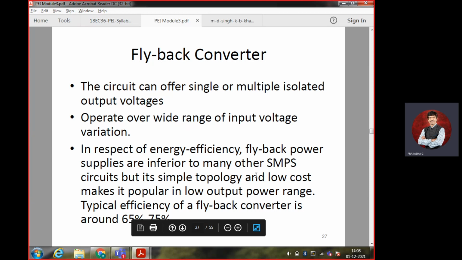But its simple topology and low cost make it popular in low output power applications. Typically efficiency is 65 to 75%. That is why the cost is very low, a simple circuit that is easily affordable, used for low power circuits only. That is why we are going to use the flyback converter.